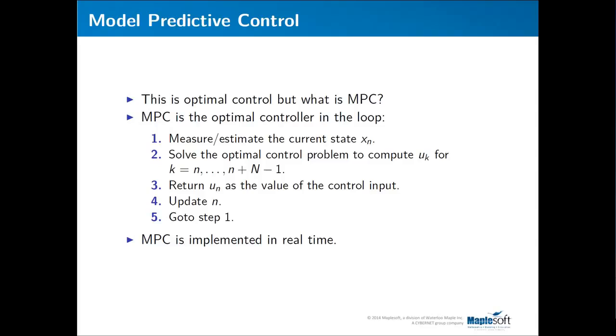Then we solve an optimal control problem to compute the input for the next n steps. We return only the first step of this sequence, and that is the computed input, and that will be applied to the system. Then we'll repeat the loop again and again. Therefore, MPC is an implementation of an optimal controller in real time.